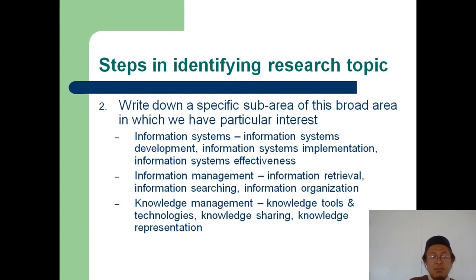As for the first example, information systems, the sub area can be information systems development, or you may want to focus on information systems implementation, or you want to look into the assessment of information system effectiveness. How effectively are information systems being used in an organization, for example. That is an example for information systems.